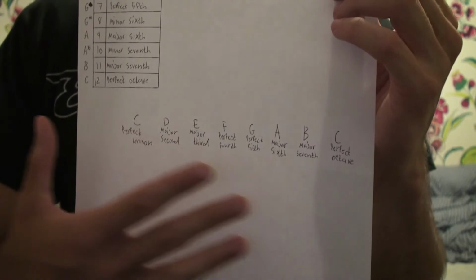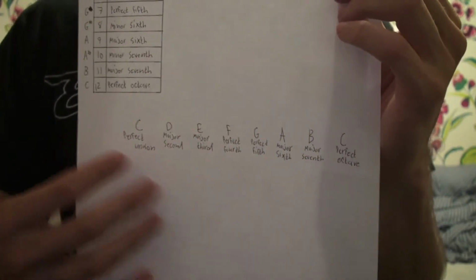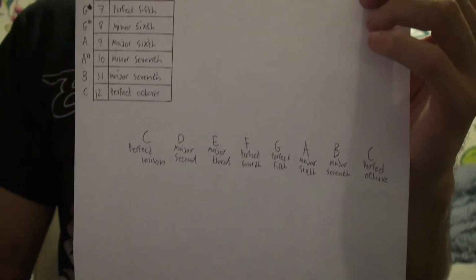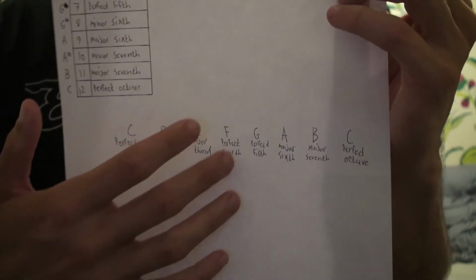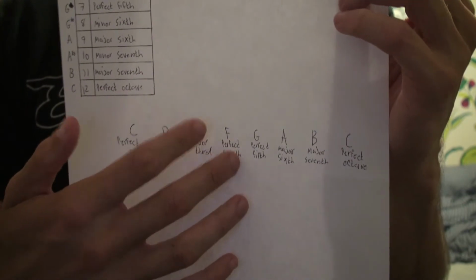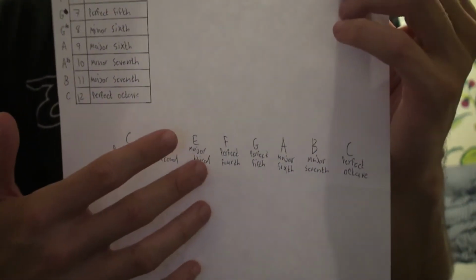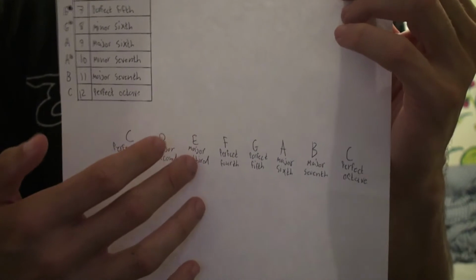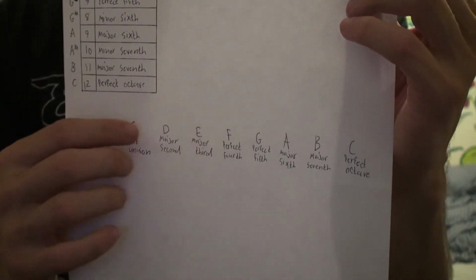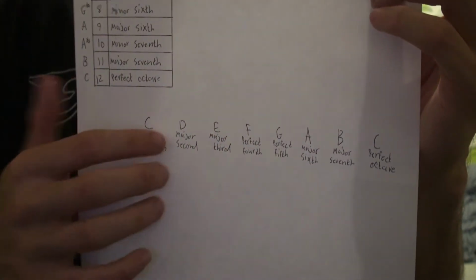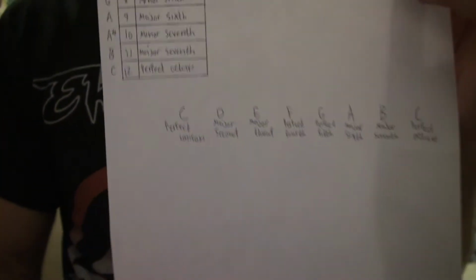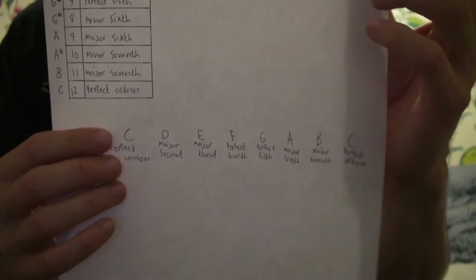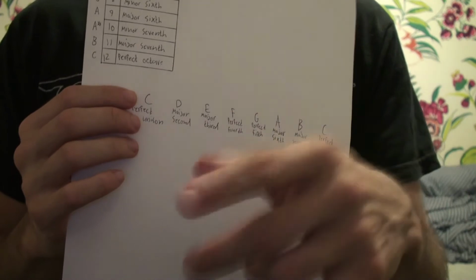Now, no matter which major key you write out, because each major key is spelt with the same intervals, if you write out G major, B major, whatever, the fifth note is always a perfect fifth from the first one. The fourth one's always a perfect fourth from the first one, and same with all the rest. In G major, that would be a B, and again it would be a major third, because all major keys are spelt the same using tone, tone, semitone, tone, tone, tone, semitone.